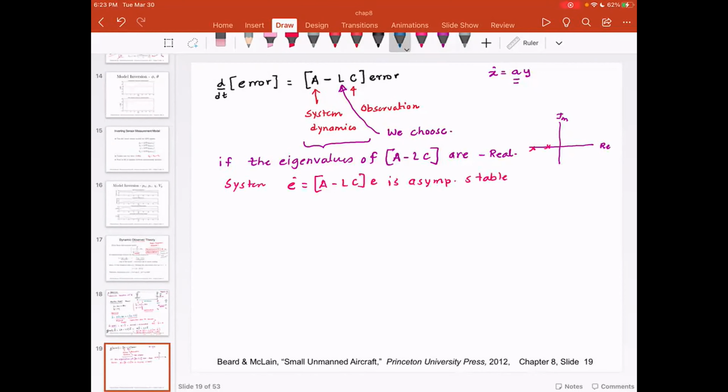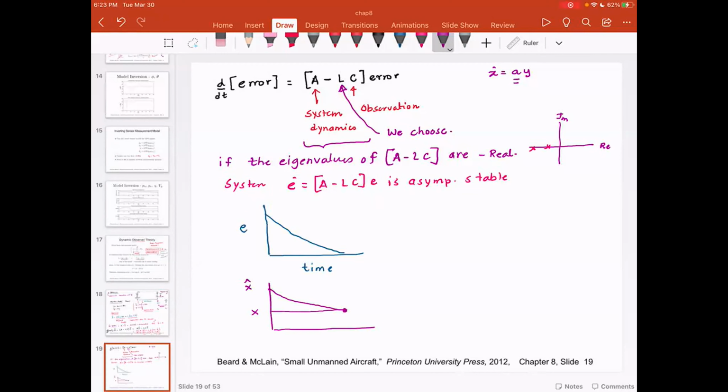What that means is as time goes on, the error will go to zero. What that means is as time goes on, your estimated value, which is x hat, and if this is your actual value x, the error will go down to zero and it would converge with the actual value.